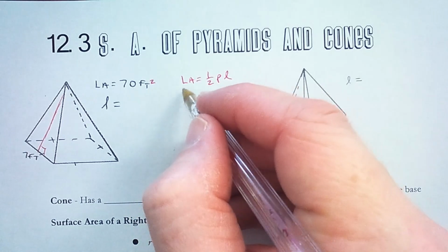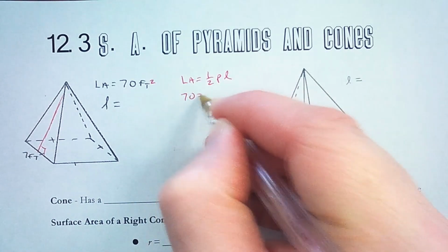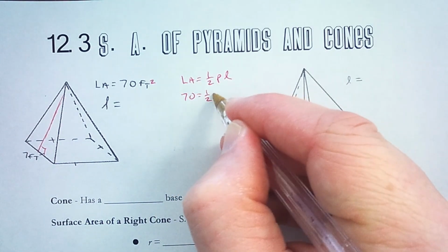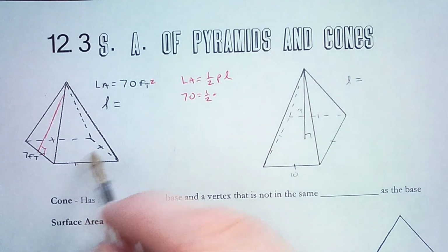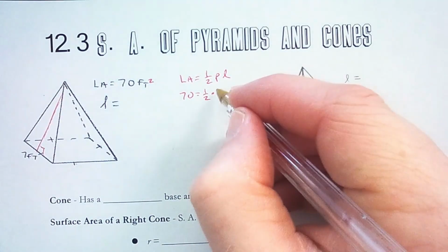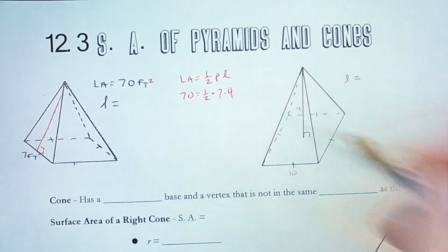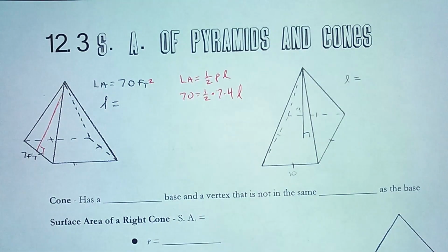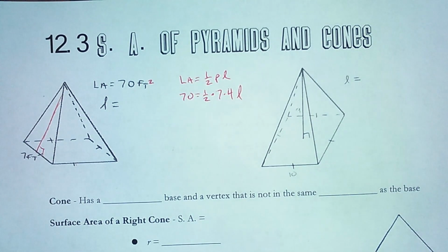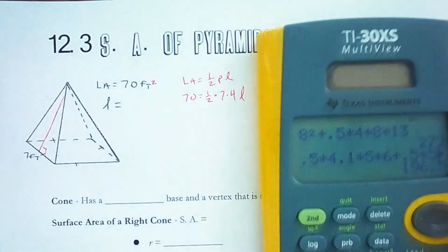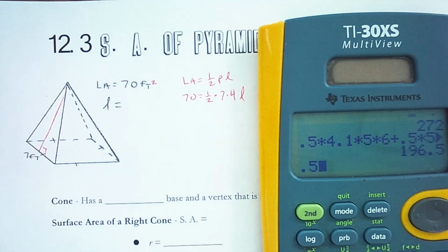So the lateral area we're given is 70 equals 1/2 times the perimeter, which is 7 times 4. There are 4 sides, each side is 7, times a slant height that we do not know yet. So 1/2 times 7 times 4, let's simplify that.